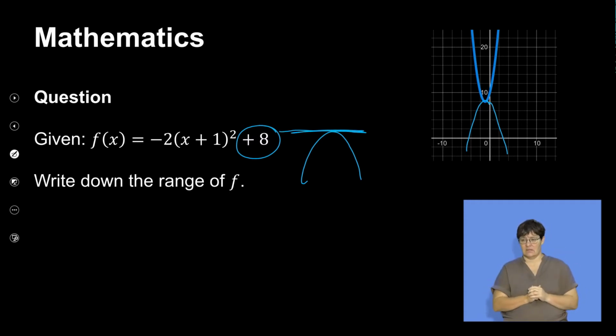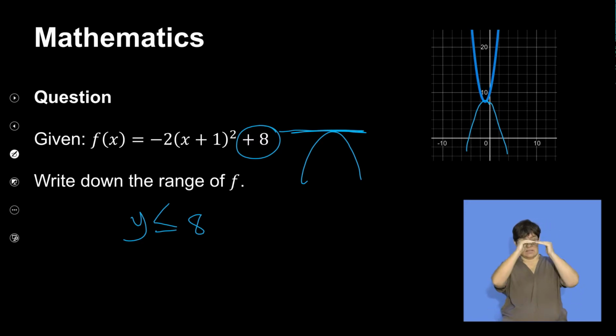In simple terms, it means that y must be equal to 8, right? But also, because 8 is the maximum, it needs to become less than that 8. So all the values that are less than 8 will satisfy this particular function, including the 8 itself.